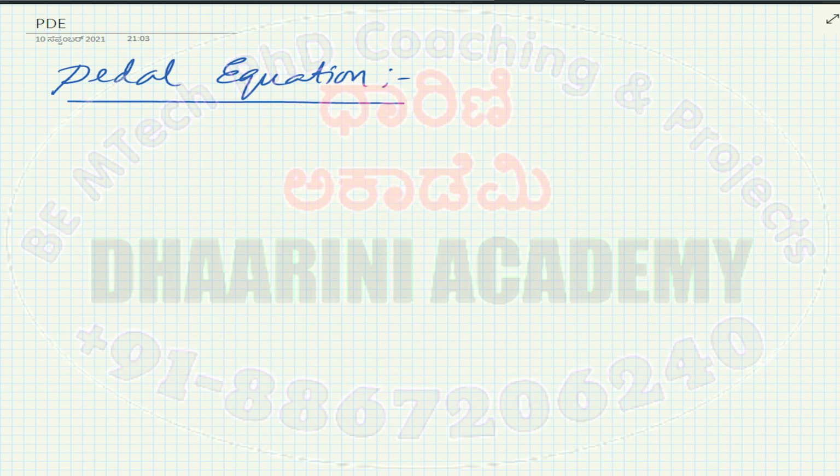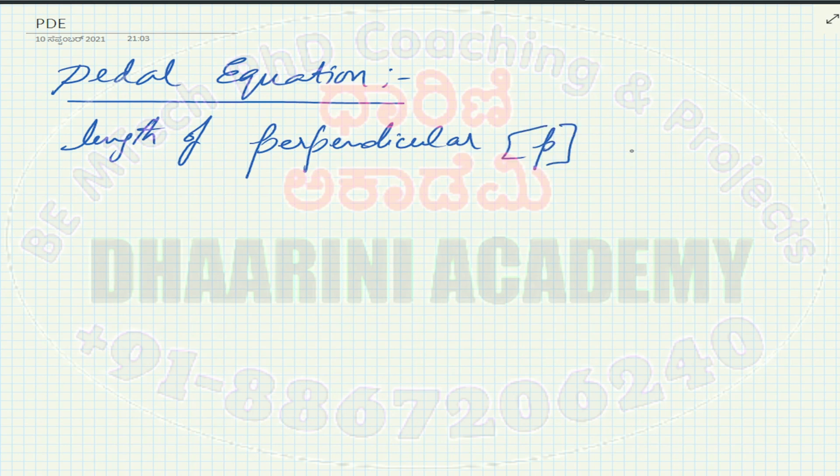Okay, so we are trying to represent in the following notation. Now we know that there is what is called the length of a perpendicular. This is denoted by a small letter p.